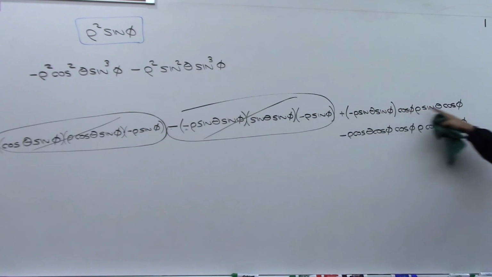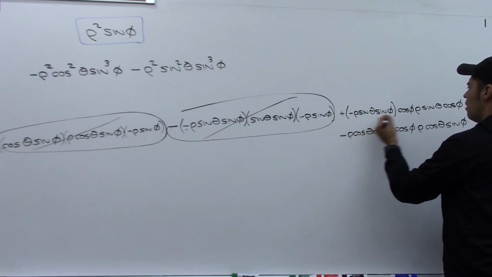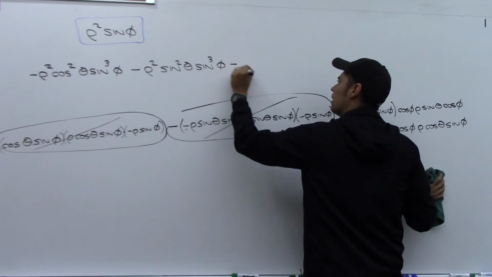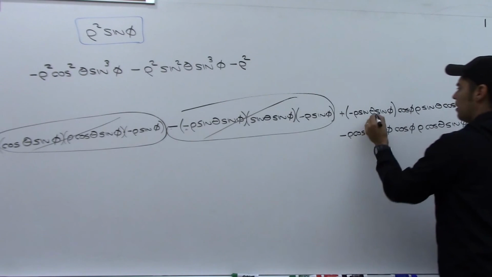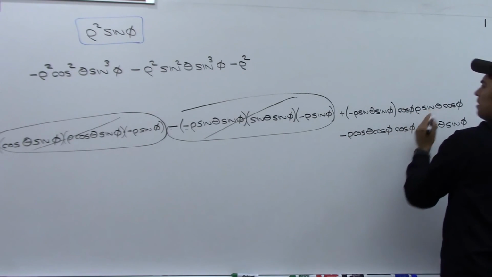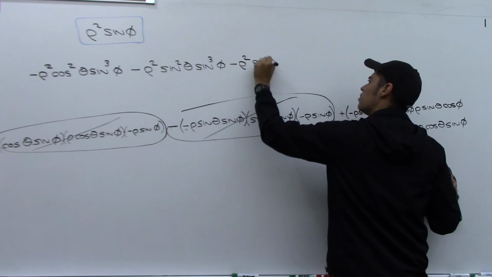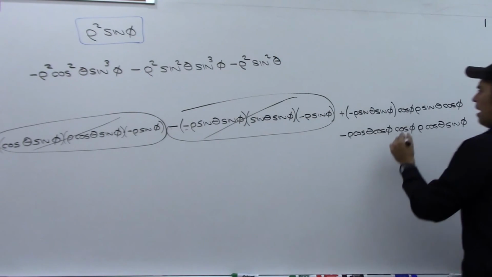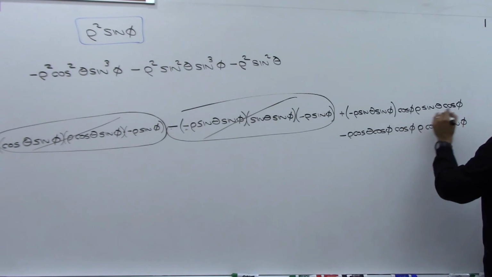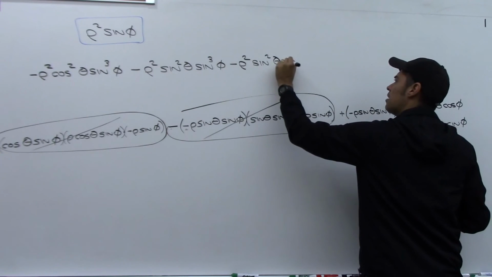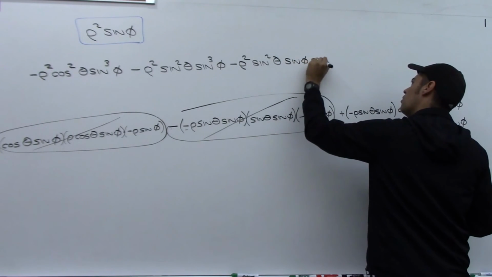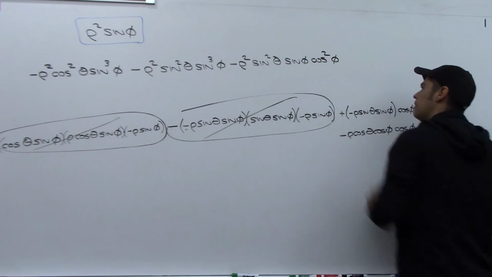Okay, let's do this one right here. I've got negative rho and rho, so negative rho squared again. I've got sine theta, so sine squared theta. I have sine phi, cosine phi, cosine phi. So sine phi cosine squared phi.